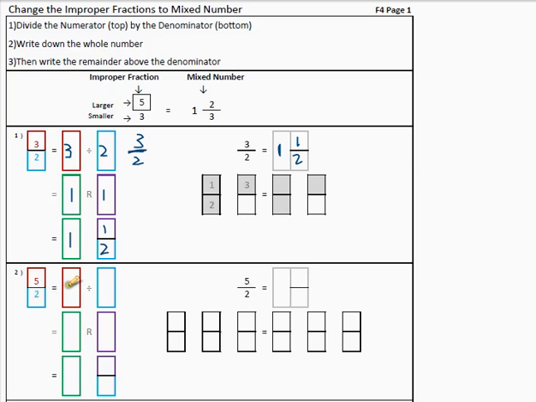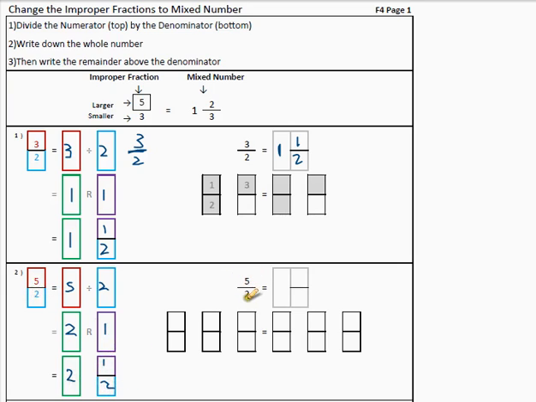5 over 2, that is 5 divided by 2. Did you want to try this one on your own first? Pause the video then. 5 divided by 2 gave you 2, remainder 1. In other words, the 2 is your whole number, and your remainder, the 1, goes back on the 2.